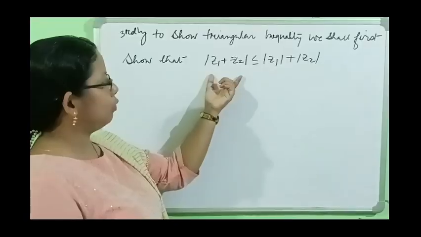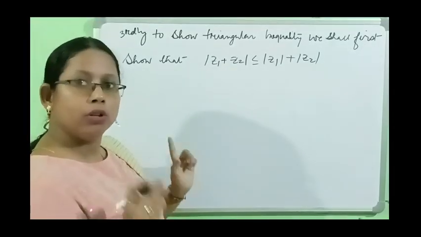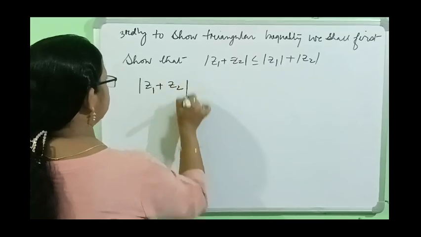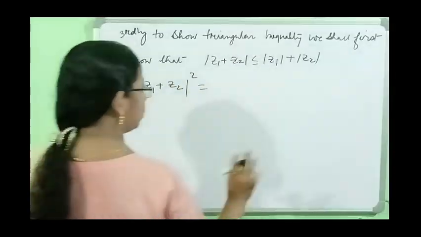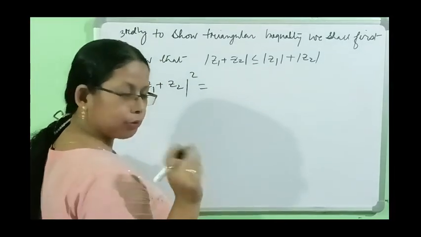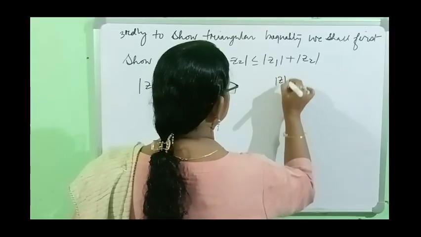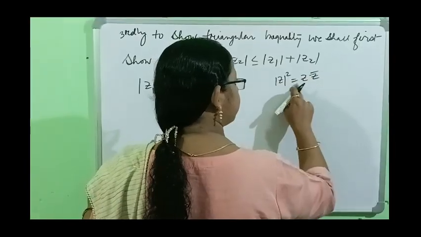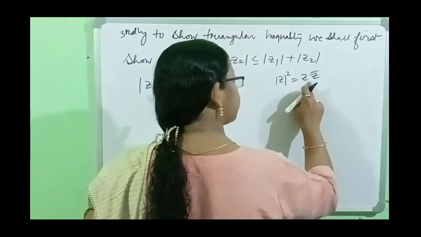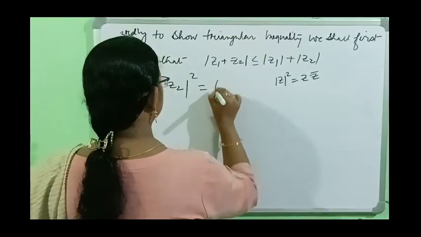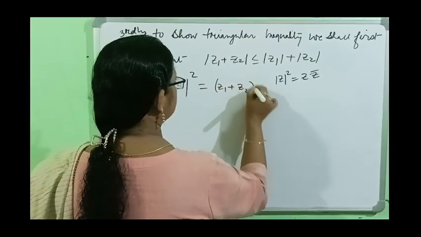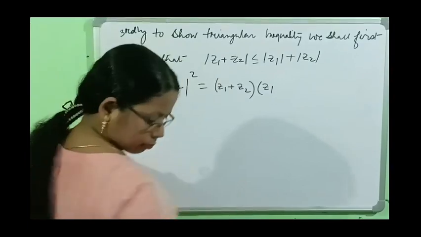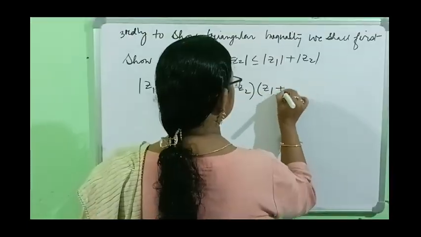We are going to check what the value of modulus of Z1 plus Z2 squared will be. By the definition of modulus that you have studied in your first year, modulus of Z squared is equal to Z times the conjugate of Z, that is Z1 plus Z2 times the conjugate of Z1 plus Z2.